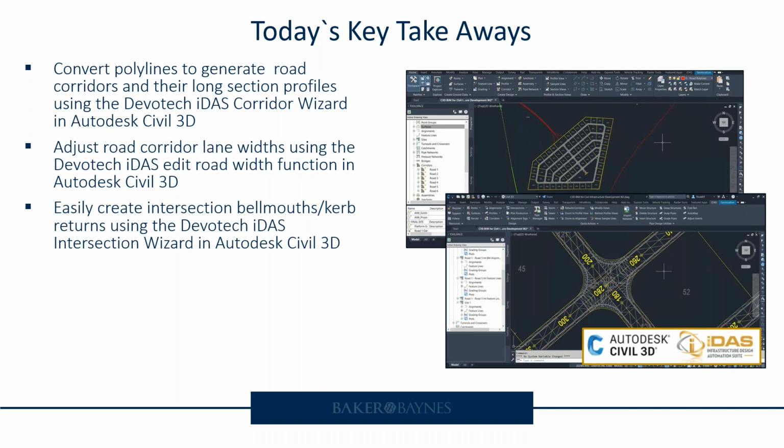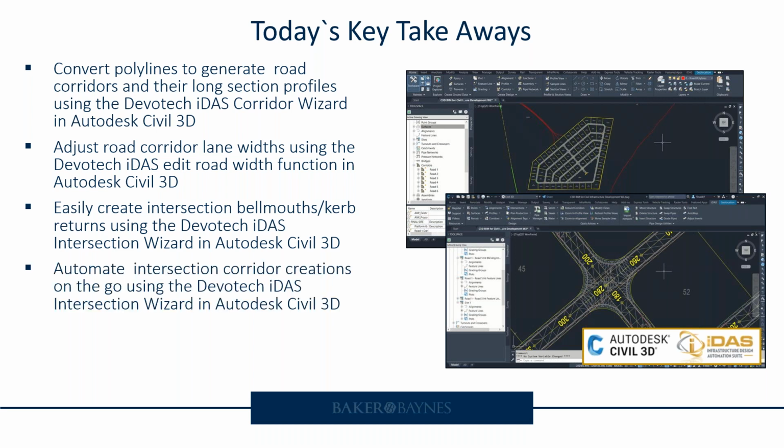And then of course you can easily create intersection bellmouths, curb returns using the wizard for the T intersection in IDAS. Right, you saw where we just highlighted the 2 alignments, whether it was a T intersection or a 4-way, it generated all of the bellmouths in like a second.